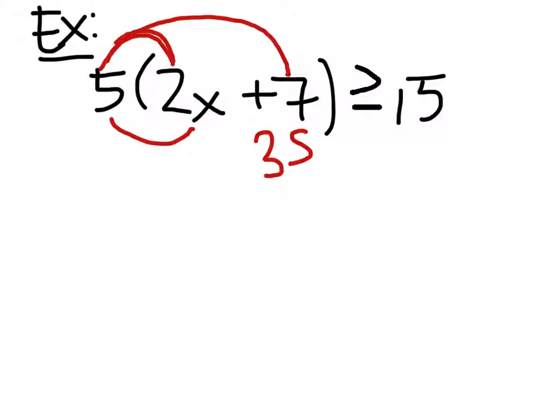Sorry, I'm struggling. I'm forgetting something. Okay, so then 5, you times 2x times 5, right? Sure. Okay. So 2 times 5 equals 10x. And then you add 7.